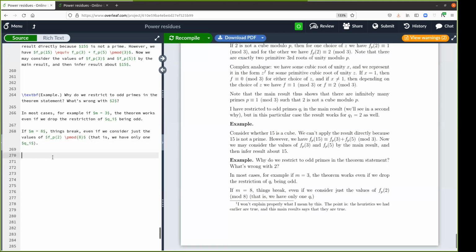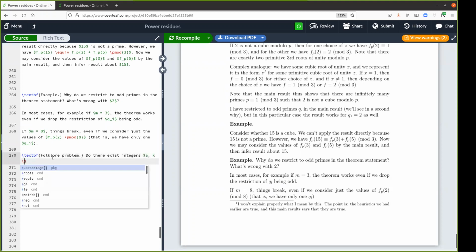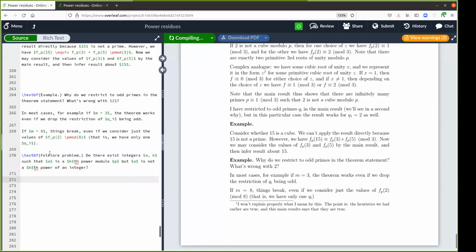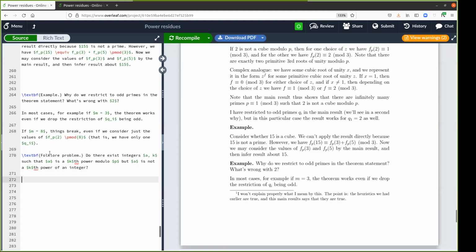The case m equal to 8 is quite interesting. This is related to a well-known problem. I don't know if any of you have heard of it, but the problem is that we ask, do there exist integers a and k?